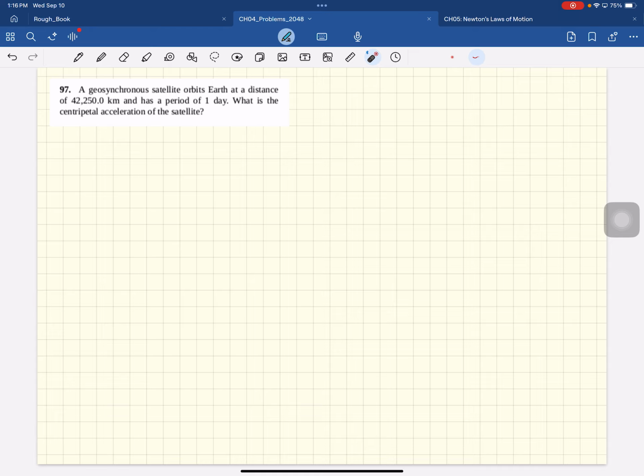Now, the orbital period of a satellite will depend on distance: the further out you are, the longer it takes you to go around. It turns out that for a geosynchronous satellite, the orbital radius is 42,000 kilometers.